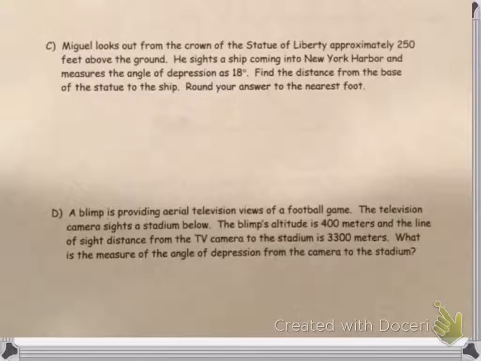I'm going to draw a triangle. Angle of depression is very similar to angle of elevation, so I'll look at it as if it were the angle of elevation. This 3,300 is the hypotenuse, because the sight distance from the TV to the stadium is a diagonal. Then the altitude's 400.